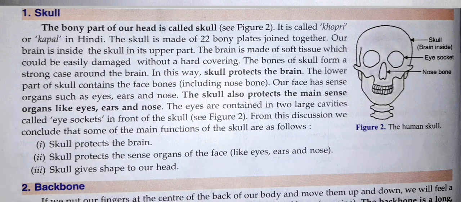Skull protects the sense organs of the face like eyes, ears and nose. And skull gives shape to our head. Imagine if the skull wouldn't be there, what would be the shape of your head? It would be shapeless. So it protects the brain, it gives the shape to your head, and it also protects the sense organs like eyes, ears and nose.